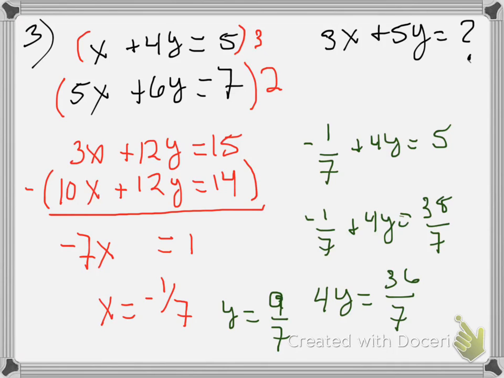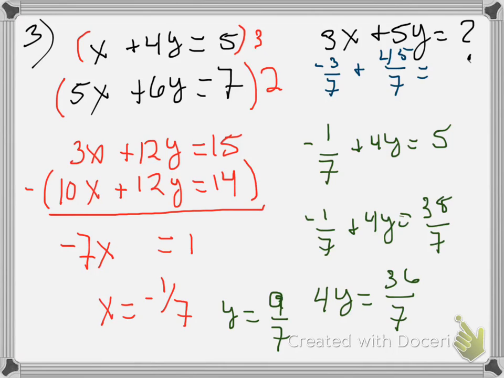So then I can come back up here. And let's see. 3 times negative 1/7 is negative 3/7. Plus, now, 5 times 9/7 is 45/7.